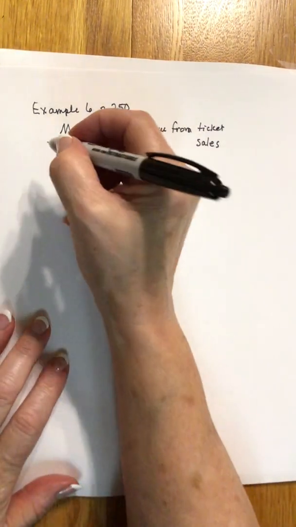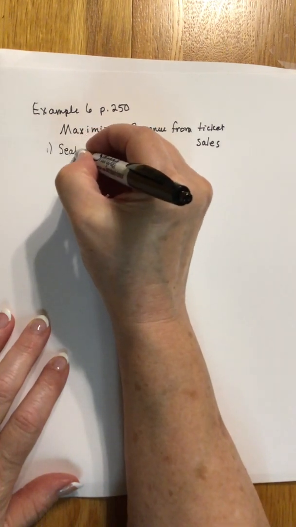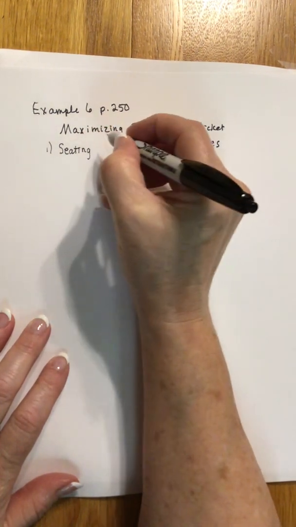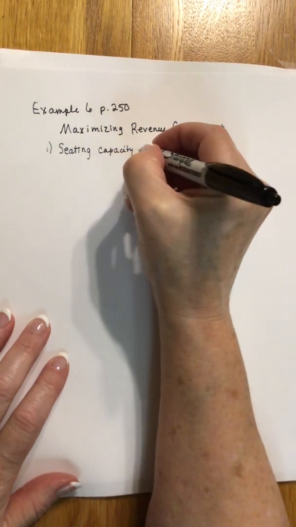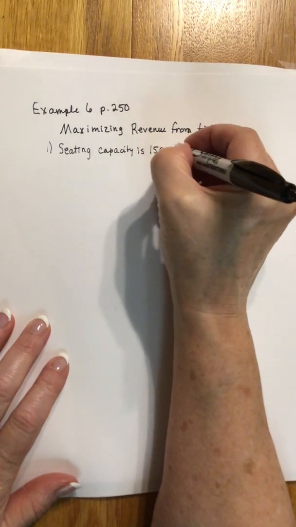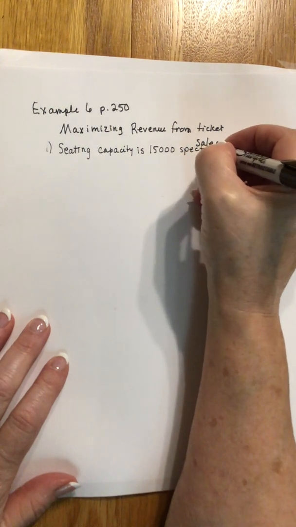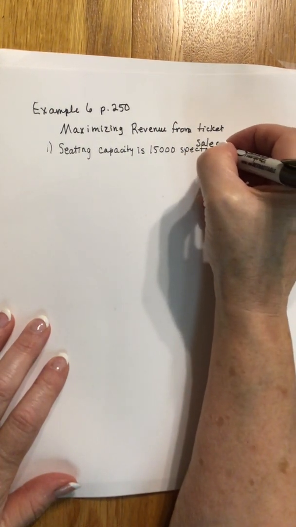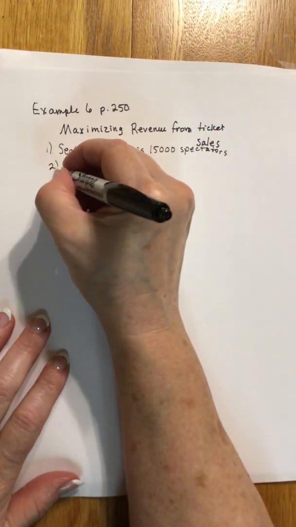We're going to write down first the things that we know. So the first thing we know is the seating capacity is 15,000 spectators. And we also know that the ticket price is $14.